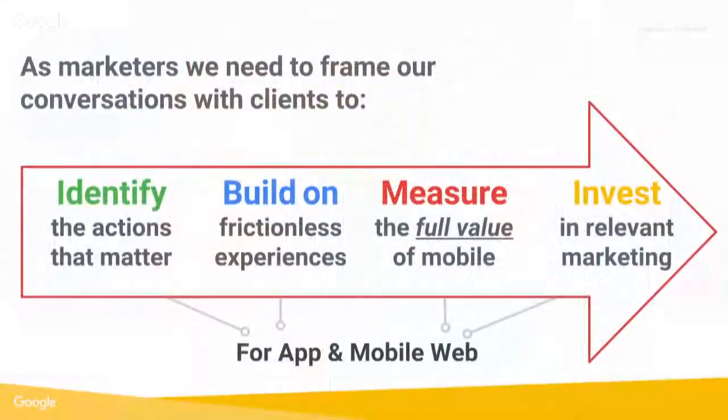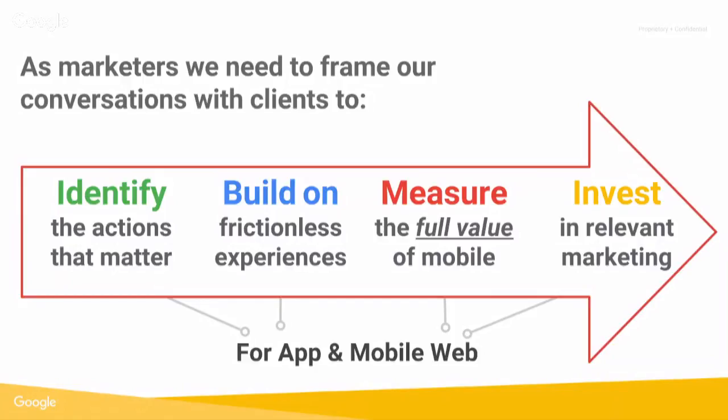So as marketers, partners, and agencies, when we start the dialogue with clients and organizations, it's important to keep a good structure in mind with four main steps. The first step is identifying the actions that matter for the business. Moving on to building a frictionless experience for the end users.